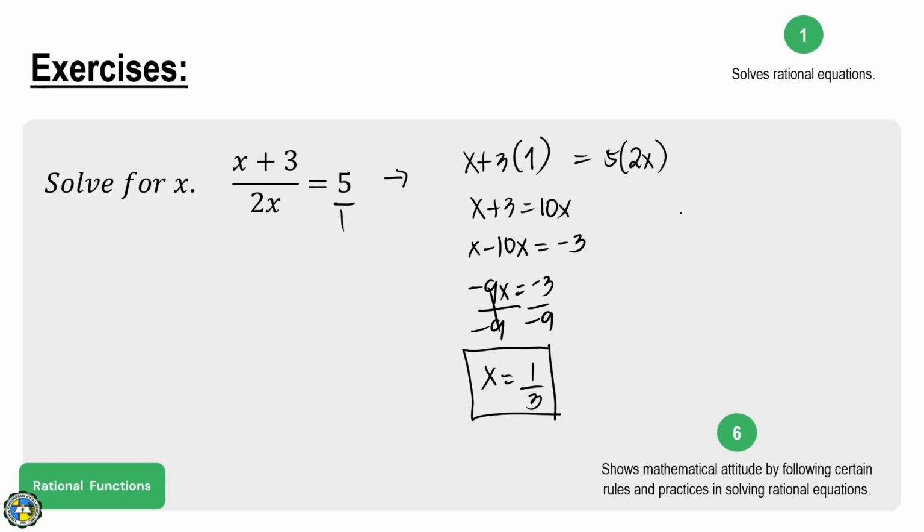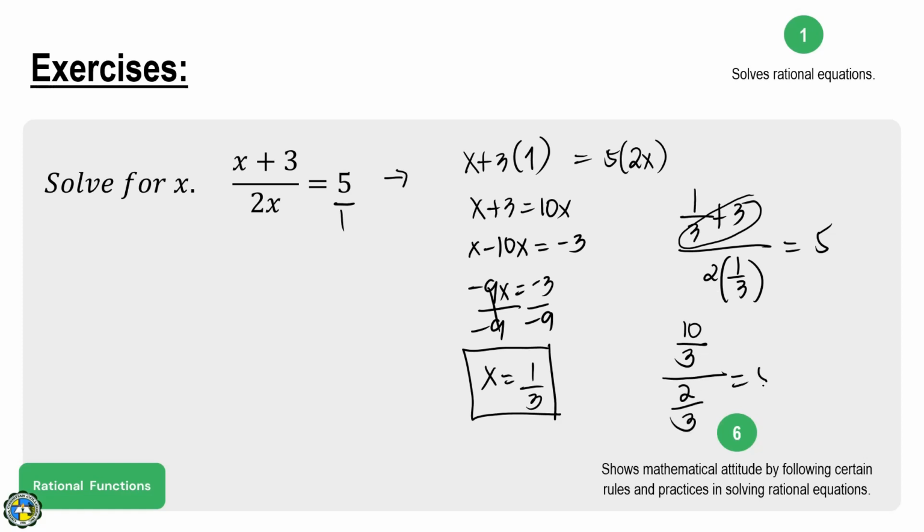And let's check. So we have 1/3 plus 3 all over 2 times 1/3 equals 5. And then, let's have our solution. Simplify: 3 times 3 is 9, plus 1 is 10. So, 10 over 3, divided by 2 times 1, which is 2 all over 3, equals 5.